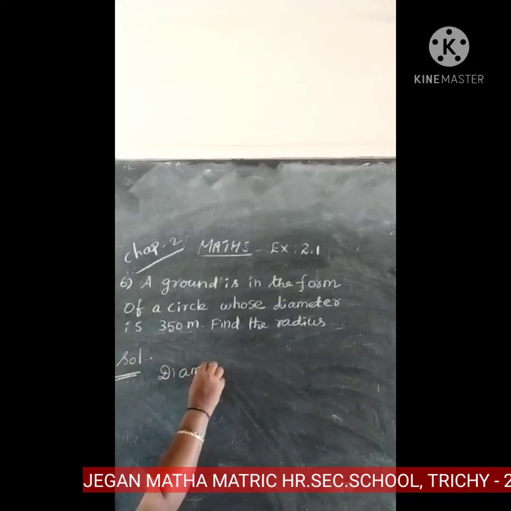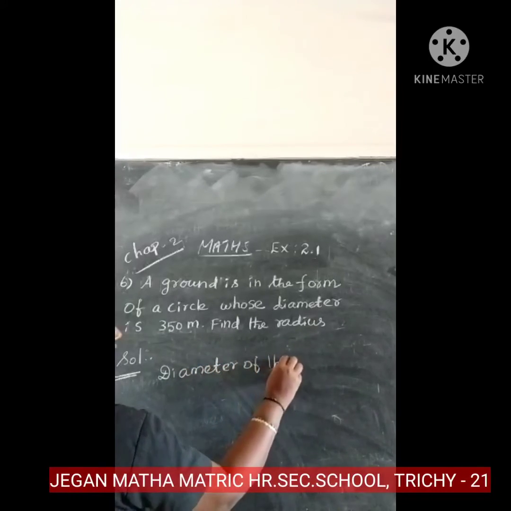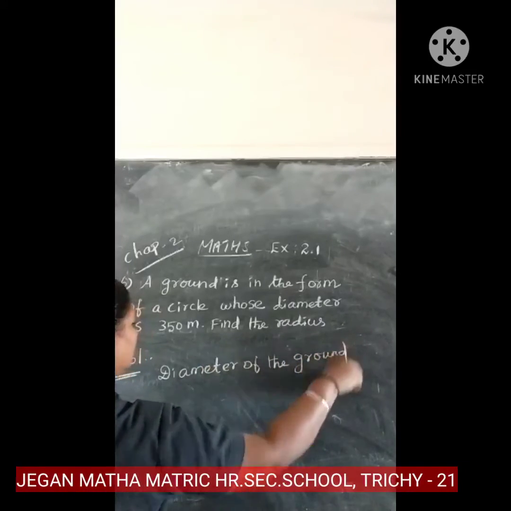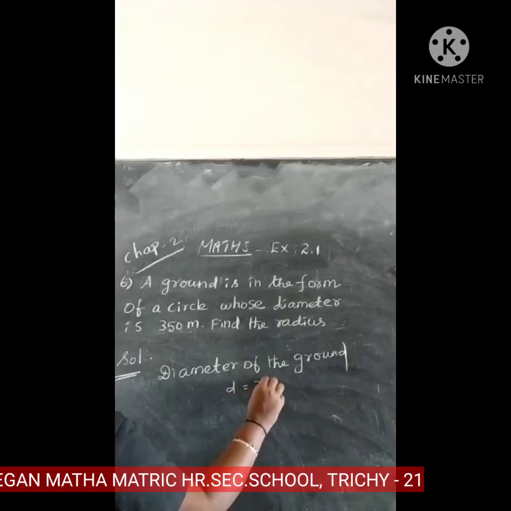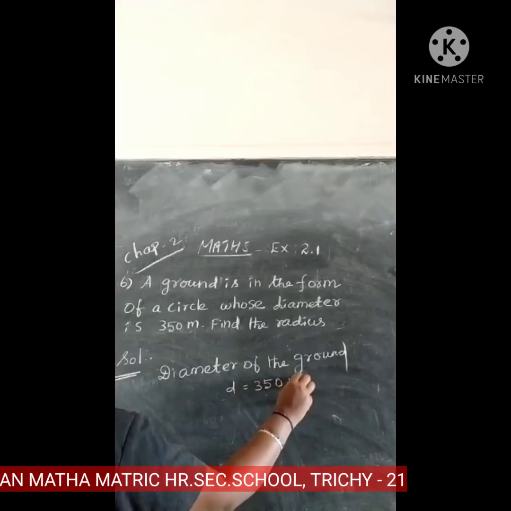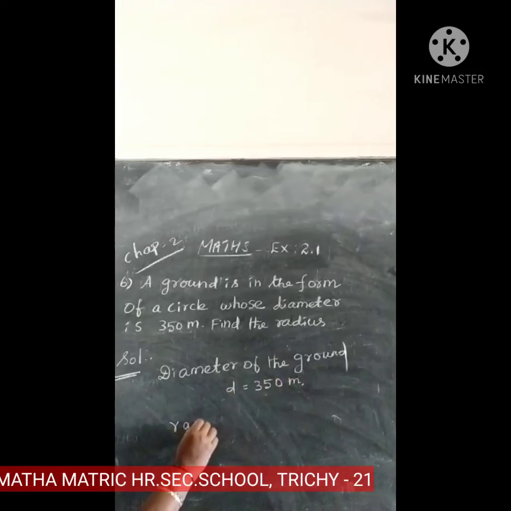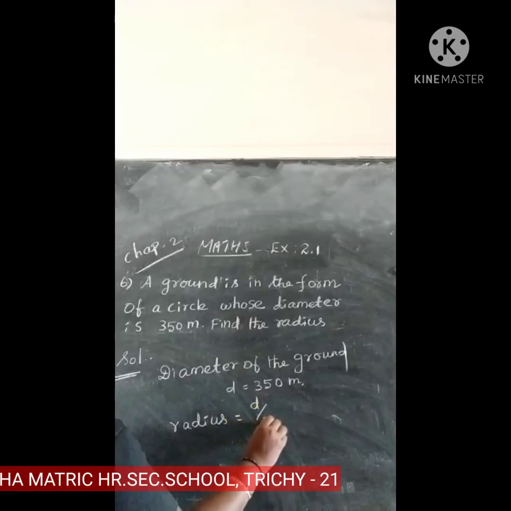Diameter of the ground D is equal to 350 meter. So already we know radius is equal to diameter divided by 2.